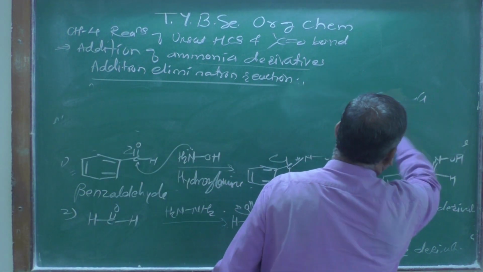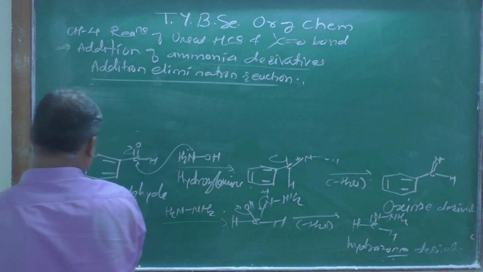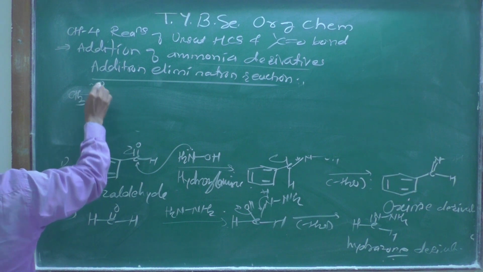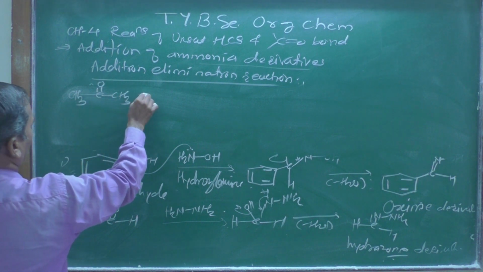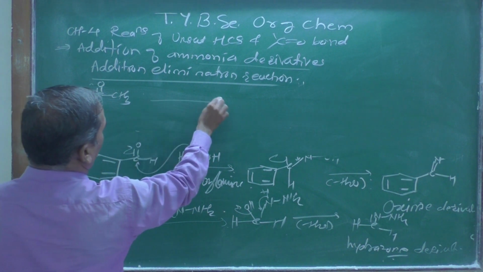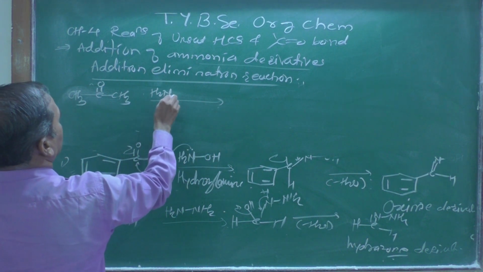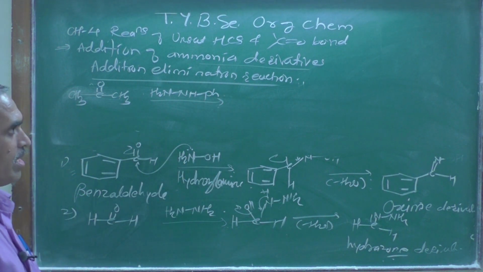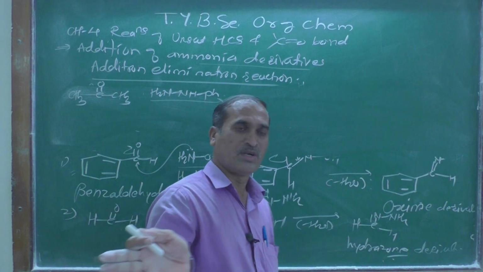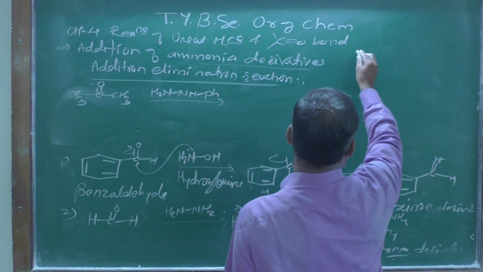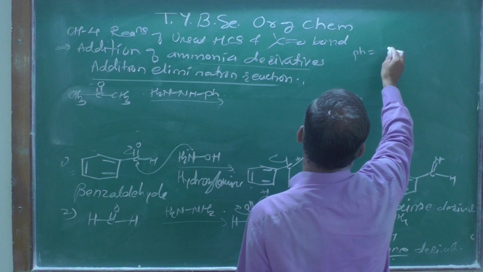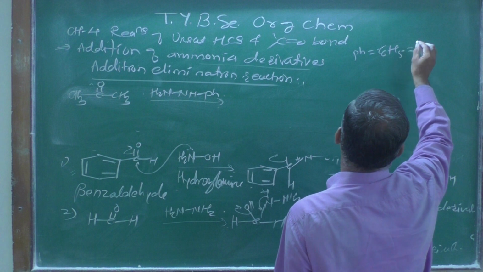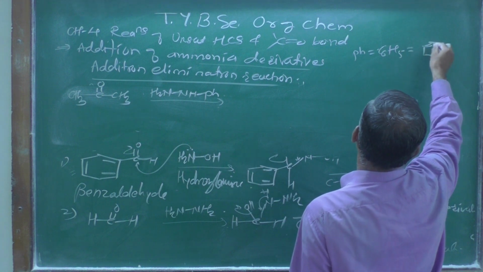Now let us look at another example. What type of derivative are you going to get? Let us see here. I am taking another one, CH3, C double bond O, CH3. Acetone I am taking, and now it is treated with H2N, NH, Ph. This is phenyl hydrazine. There are three different ways to write Ph: C6H5, or we can write the benzene ring, a monosubstituted benzene ring.